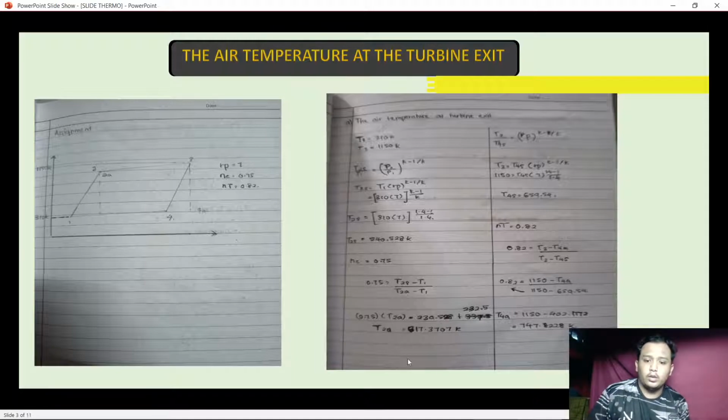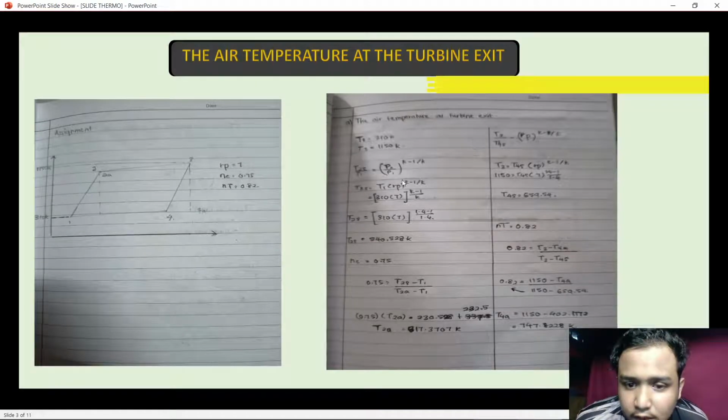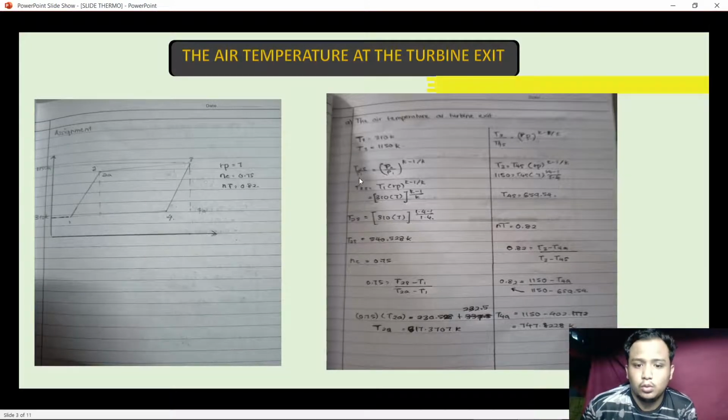So we put the value and we get the T2a is 617.3707 Kelvin.